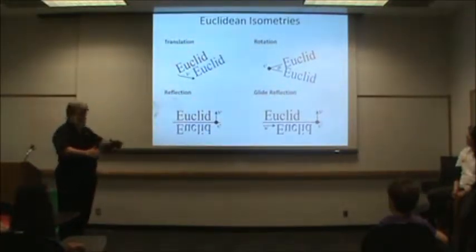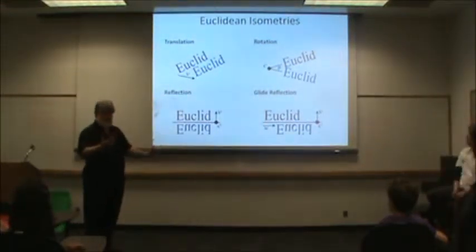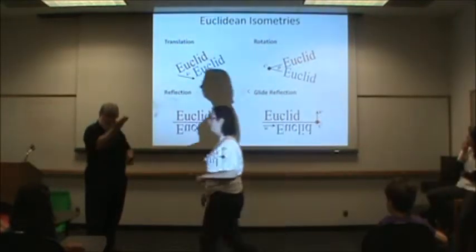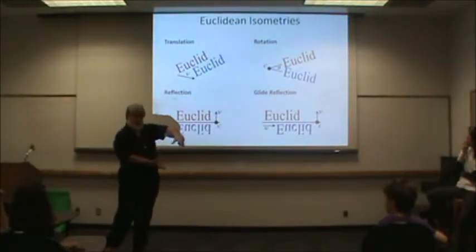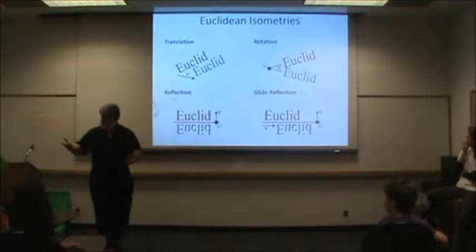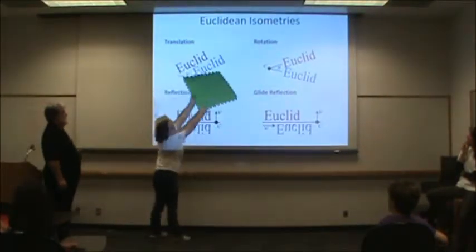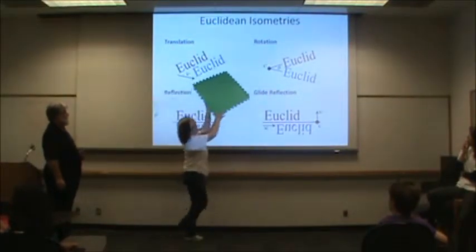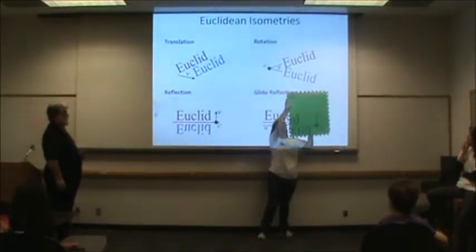You can slide it, which is translation. You can rotate it and it still looks the same. You can reflect it, that is, if you imagine it being a mirror and reflect the top into the bottom and the bottom into the top, it will look the same. Or you can slide it and reflect it together and it will still look the same. So we can go from up here, translation, just slide things back and forth, reflect up and down, rotate things, just keep going around.